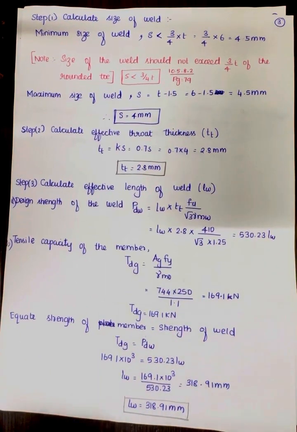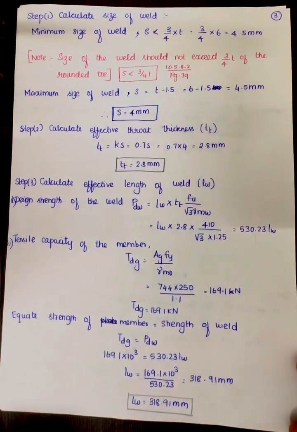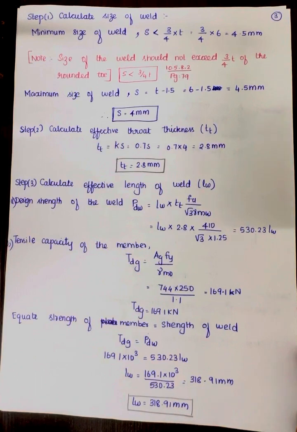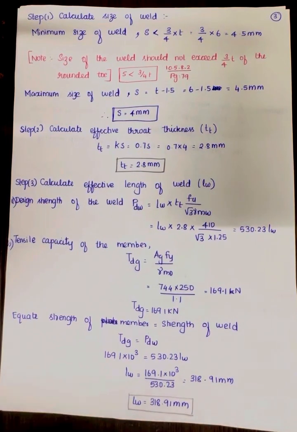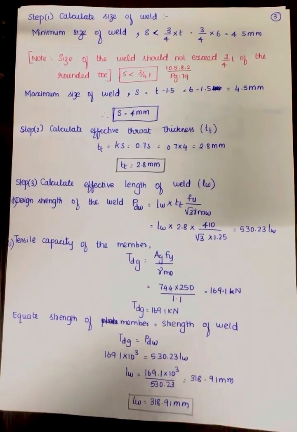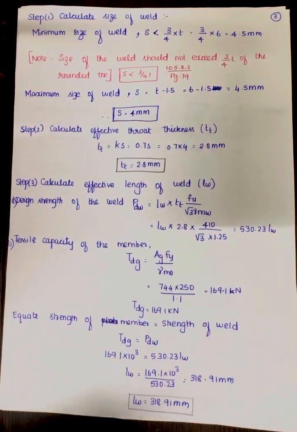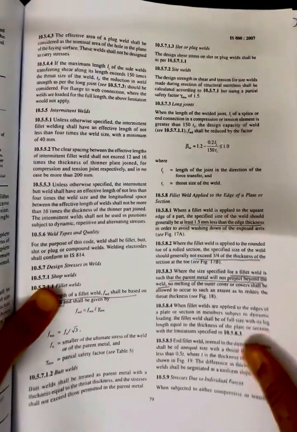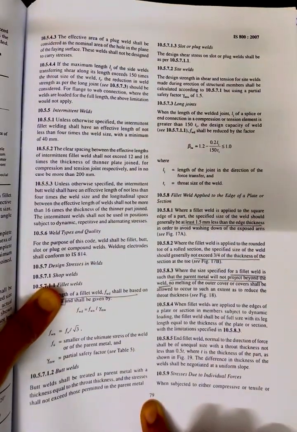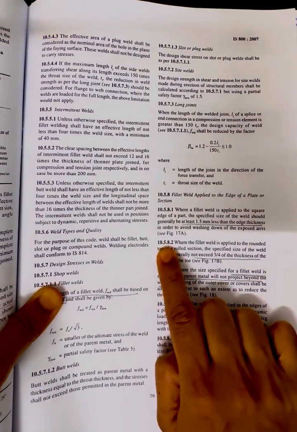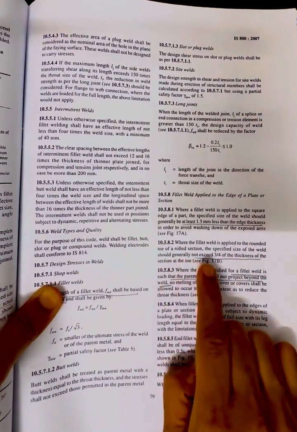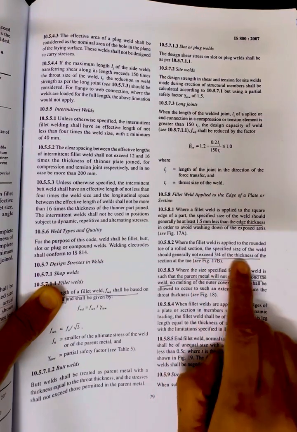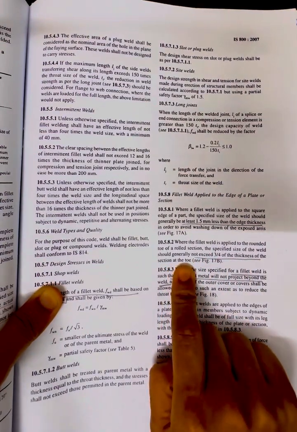We need to calculate the size of the weld. So minimum size of the weld. Now it is an angle. So how will be the edges? It is a rounded section. So we know from page number 79, clause 10.5.8.2, size of the weld should generally not exceed 3/4 of the thickness of the section of the toe.